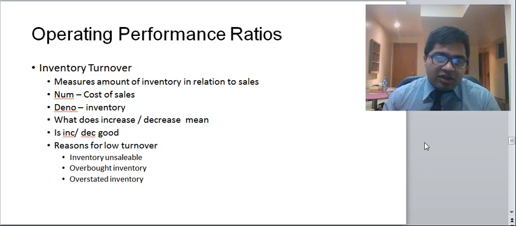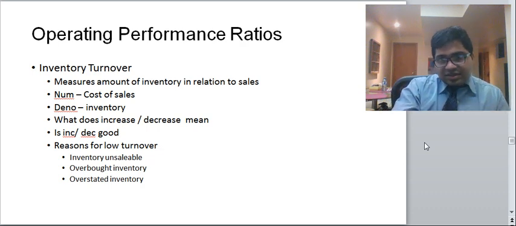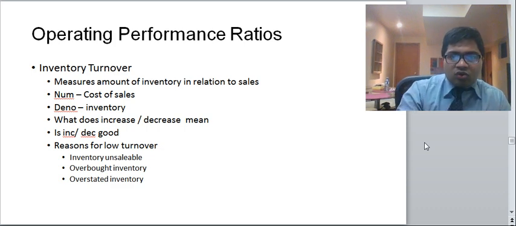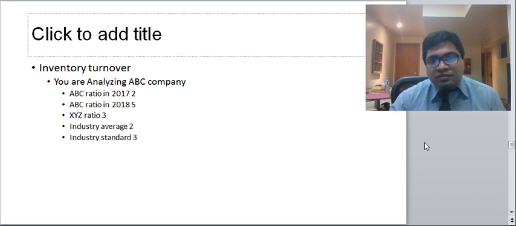Money is not blocked in my inventory. So an increase in this ratio is good. Reasons for low turnover can be that the inventory is unsaleable, you have overbought your inventory, or in accounting you have overstated your inventory. All these cases are not good, so we want a good inventory turnover ratio.